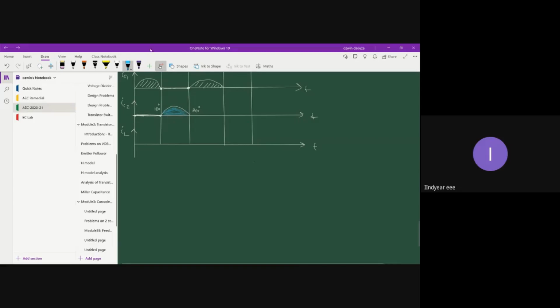And once again the transistor gets into the non-conducting zone for the next half cycle, that is between 360 degree to, I think, 540.